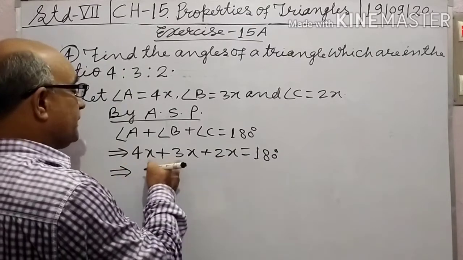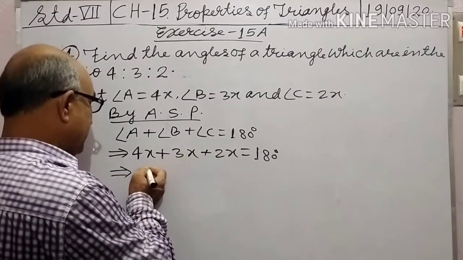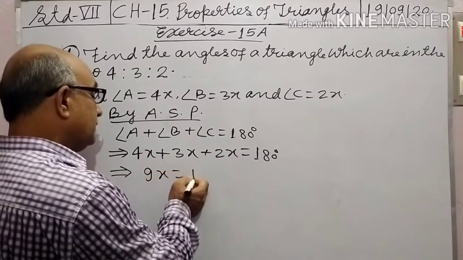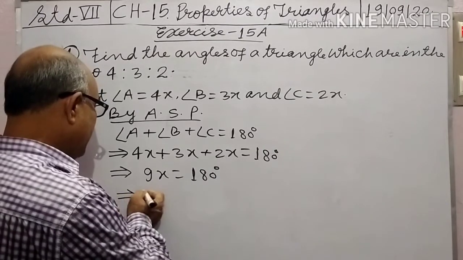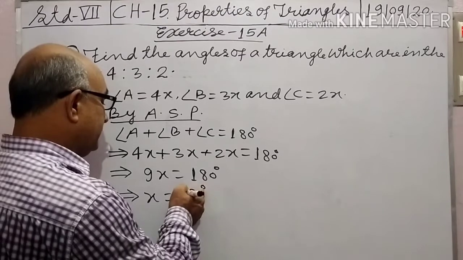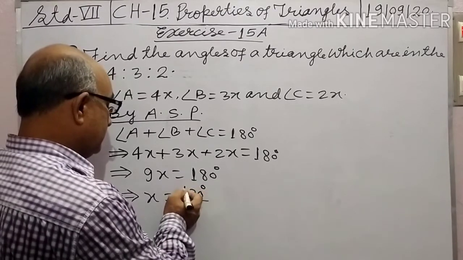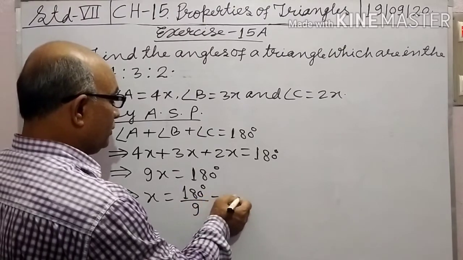That implies 4x plus 3x plus 2x equal to 180 degrees. 4x plus 3x is 7x, plus 2x is 9x. 9x equal to 180 degrees. That implies x equal to 180 degrees by 9, so equal to 20 degrees.